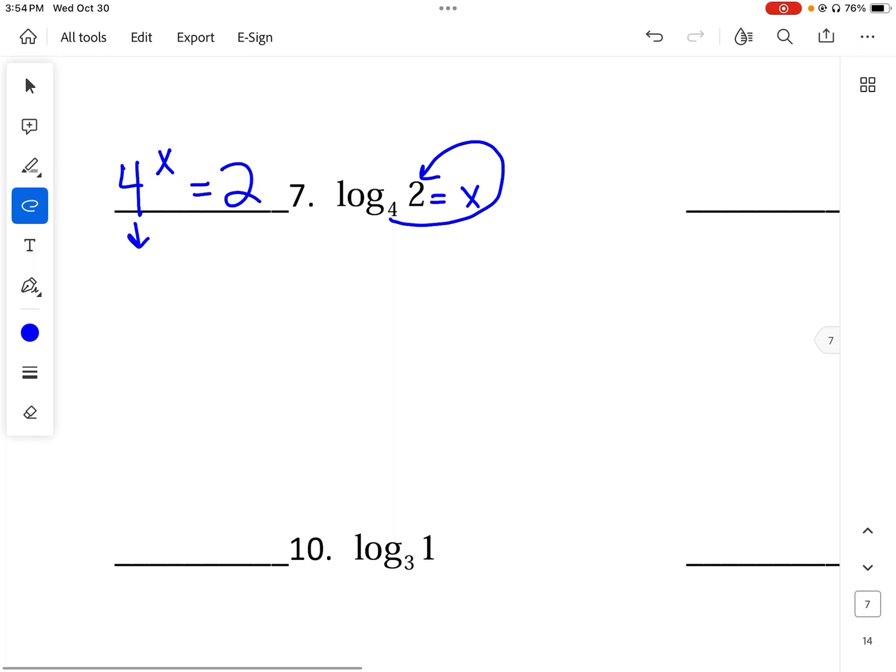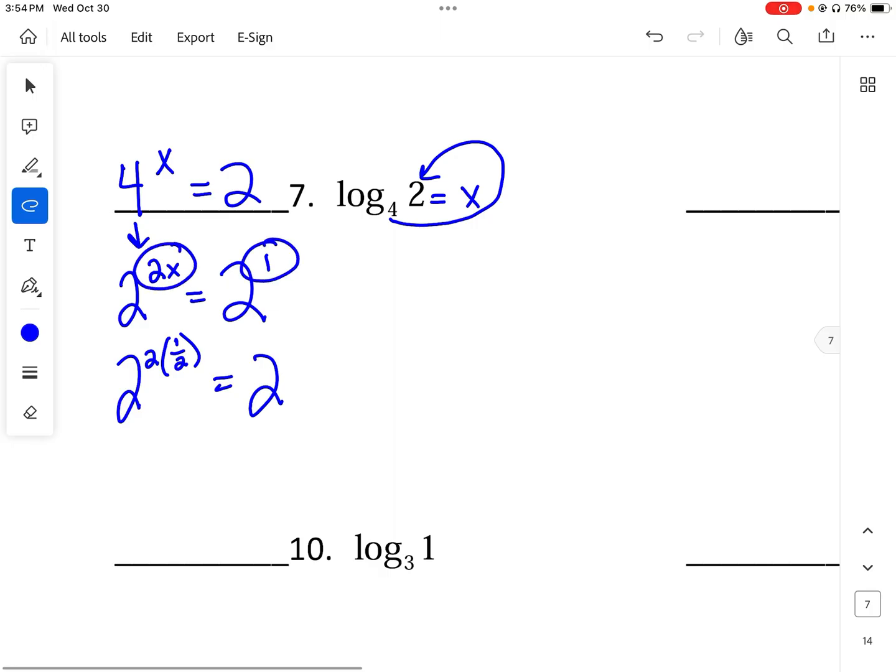But 2 raised to the 2 is 4, and then raised to the x equals 2. So what this is going to have to be is 2 to the half to get to the first power, right? So it's like 2x equals 1. So x is 1/2 is my answer.